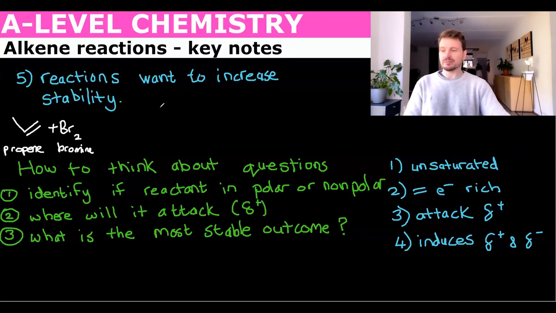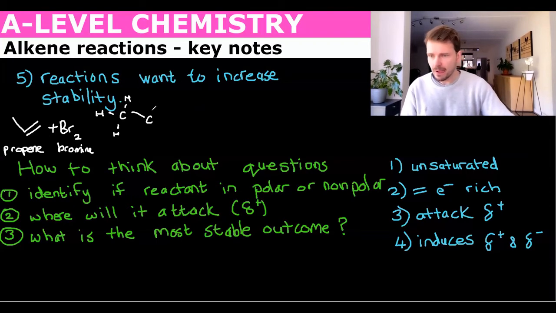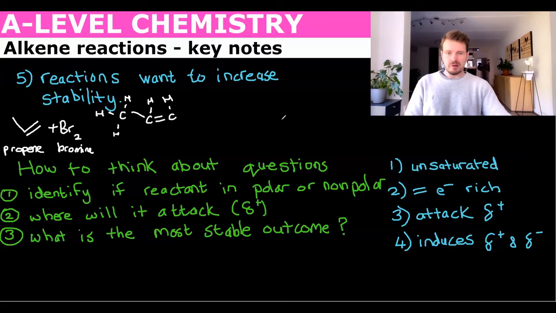Bromine gas. Now, what I want to do is draw in the hydrogens and the carbons. Okay, it's double bonded. We've got an H here and an H here. And let's draw the bromine gas as well.